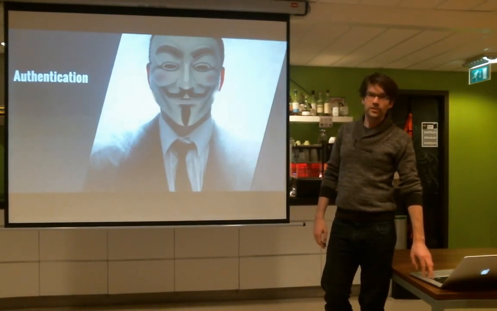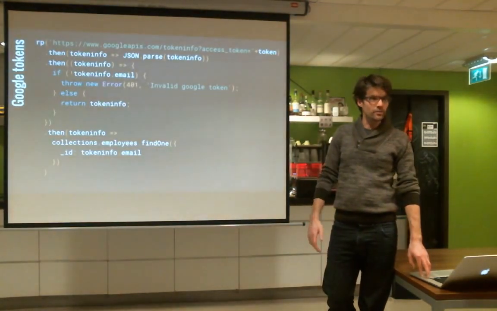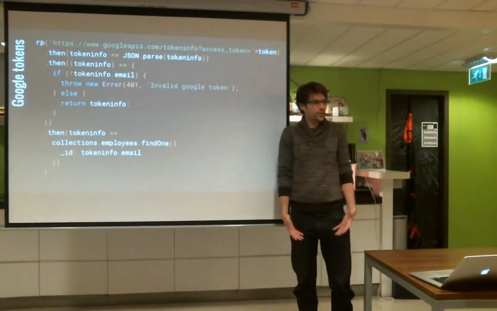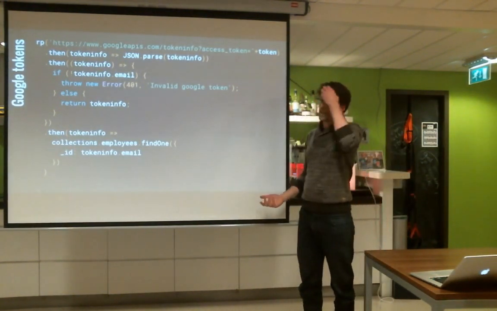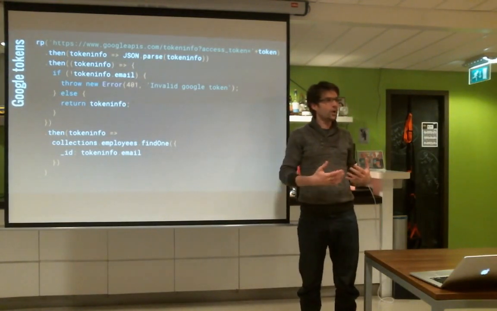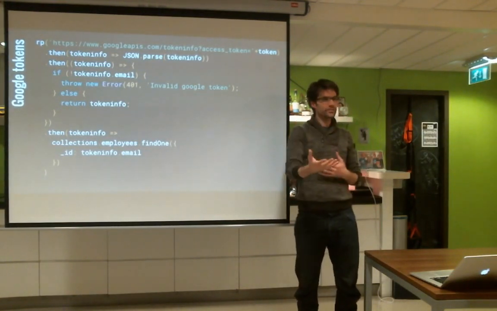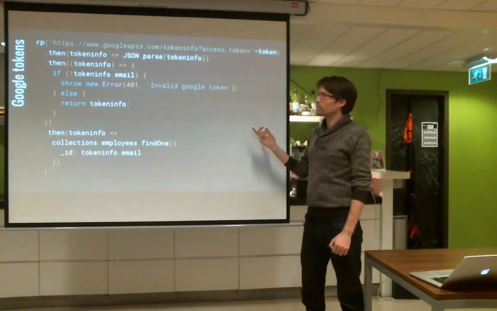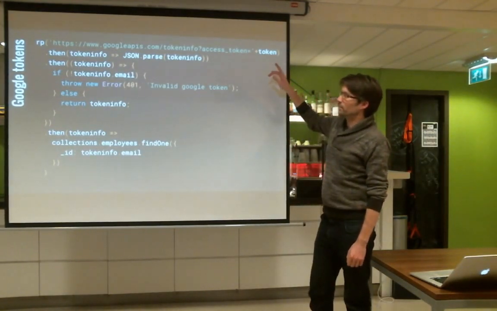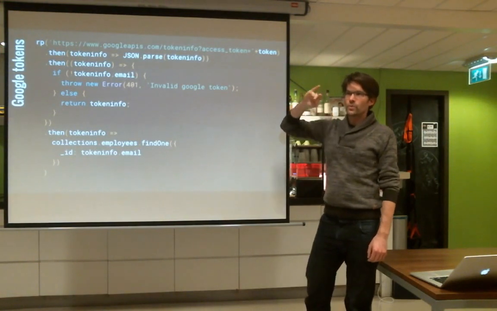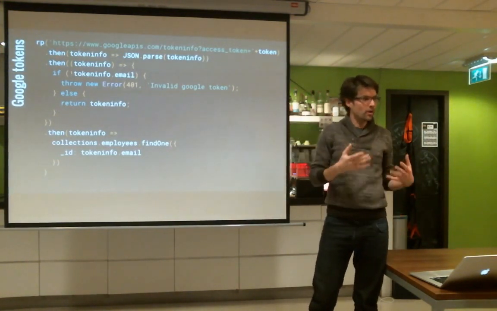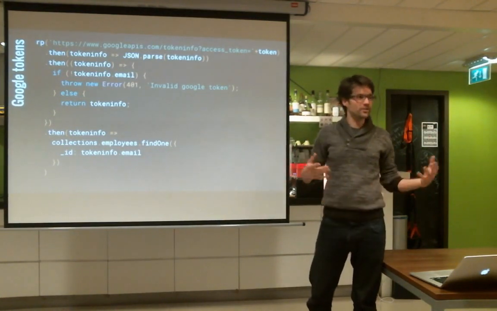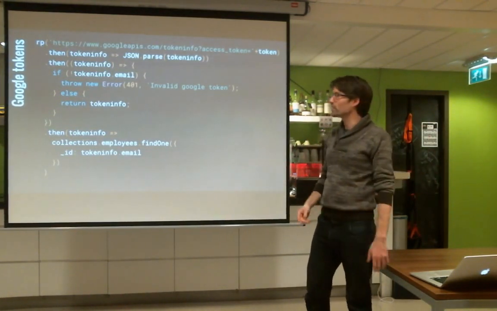Authentication. So you don't have Meteor users. What do you do with an API that has no user interface? What I ended up using is Google tokens. In the planning app, you log in with your Google credentials, because Q42 has a G Suite Google thing.